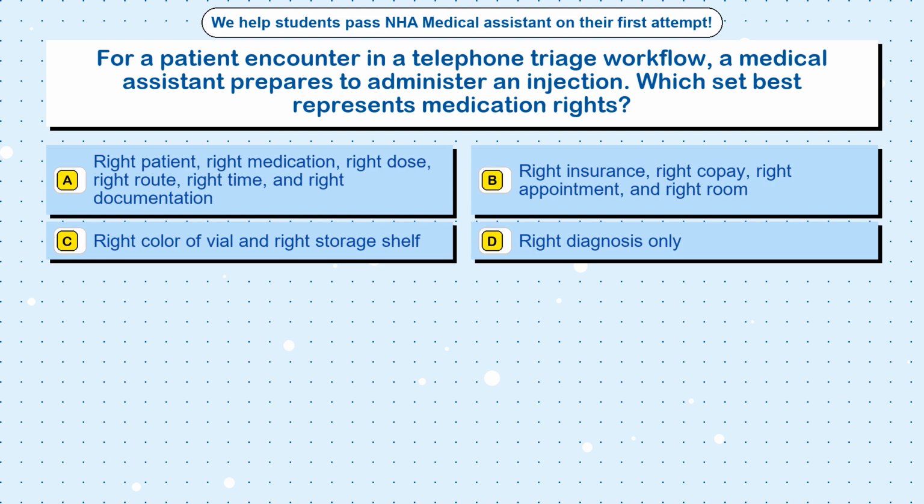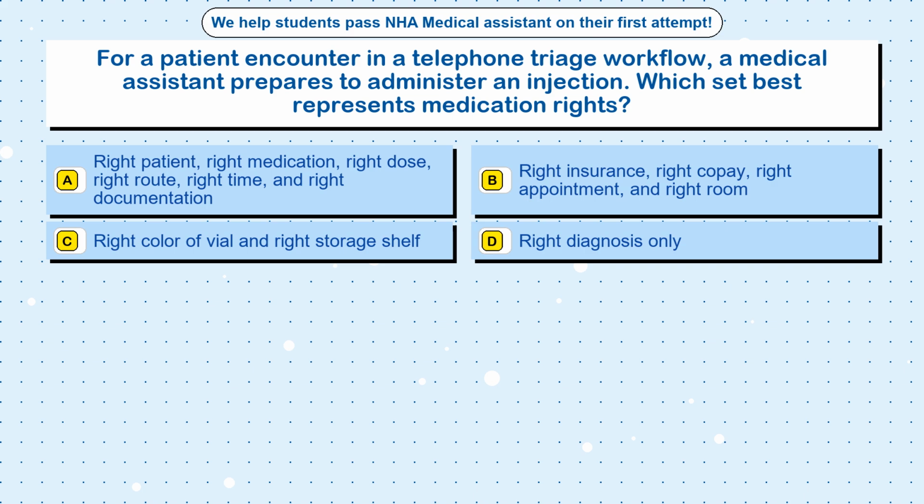Question 89. For a patient encounter in a telephone triage workflow, a medical assistant prepares to administer an injection. Which set best represents medication rights? Option A. Right patient, right medication, right dose, right route, right time, and right documentation. Option B. Right insurance, right copay, right appointment, and right room. Option C. Right color of vial and right storage shelf.